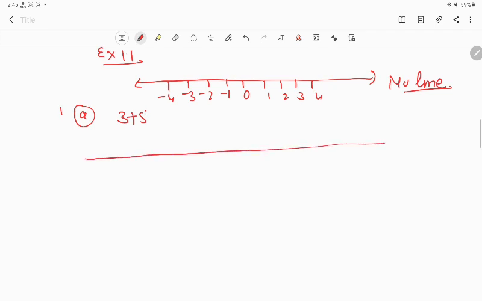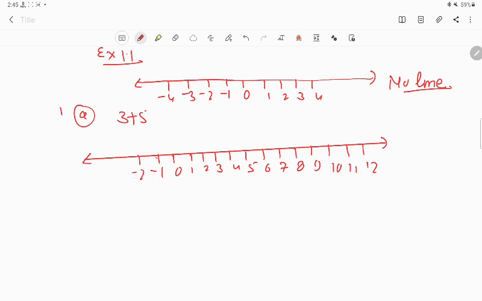So draw the number line: 0, 1, 2, 3, 4, 5, 6, 7, 8, 9, 10, 11, 12, etc. Left of 0 minus 1, minus 2, minus 3, etc.